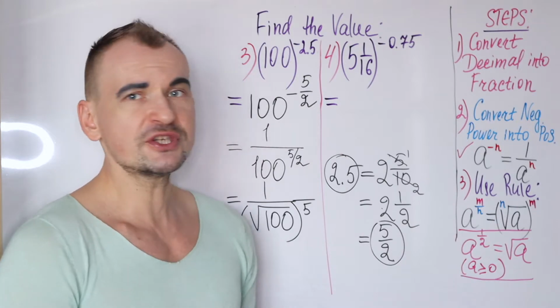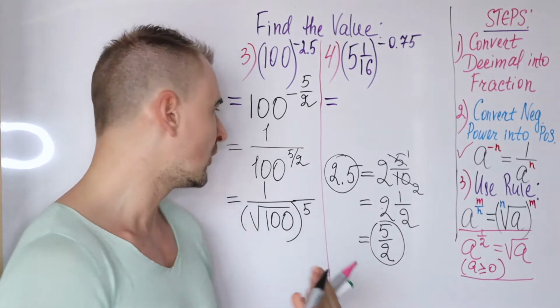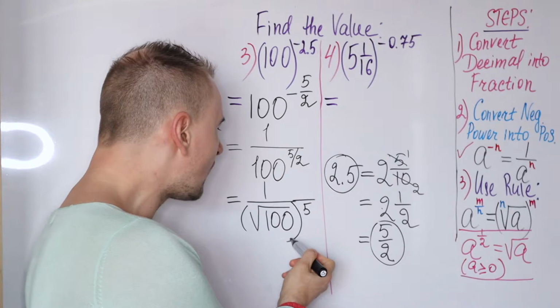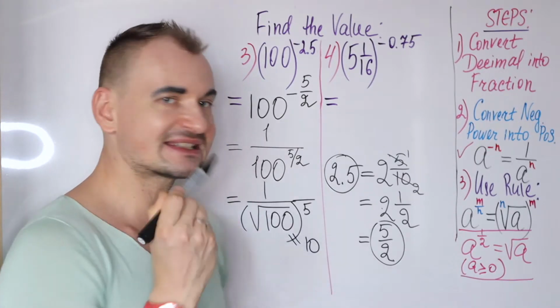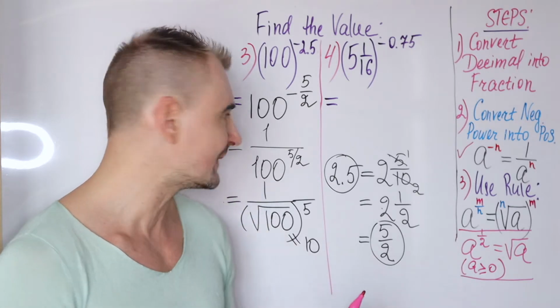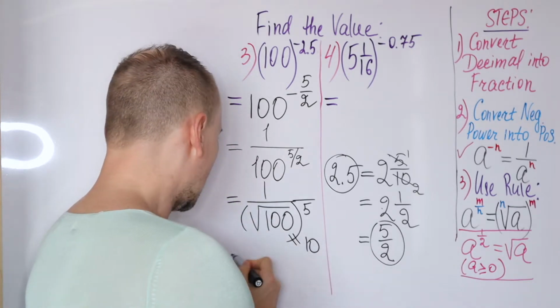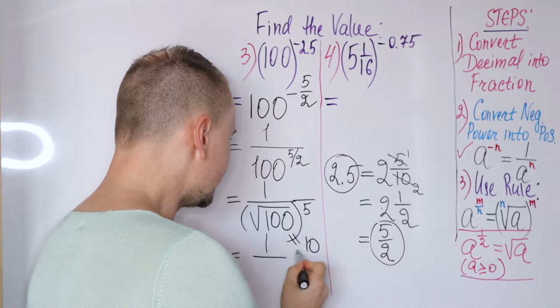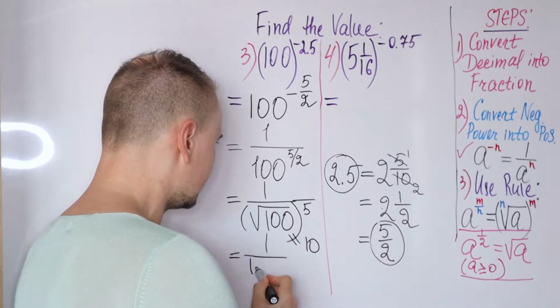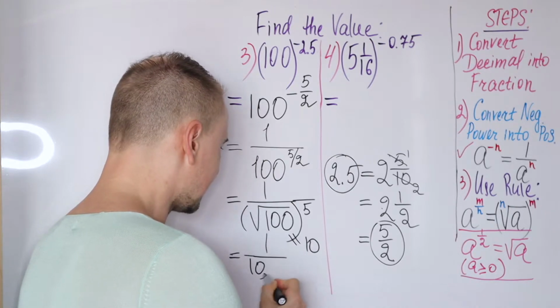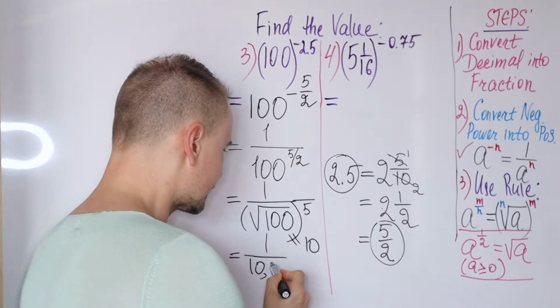All you need to do is figure out this number. The square root of 100 becomes just 10, since 10 times 10 gives you 100 back. And all you need to do is raise this 10 to the 5th power. So basically you just add the extra zeros.